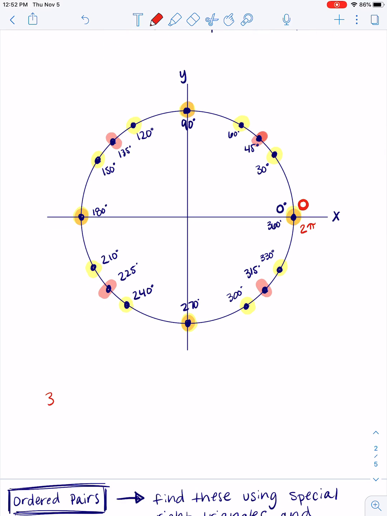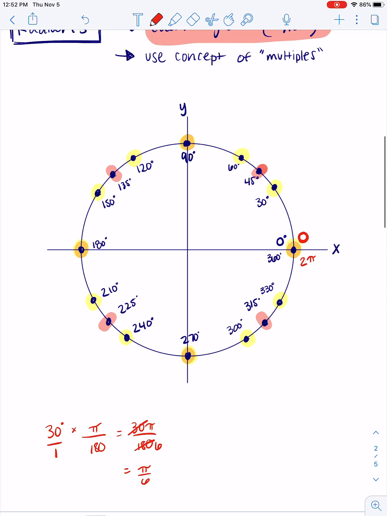If I have something that's not a fraction and I'm multiplying by a fraction, I put that over 1. And then I have 30 pi over 180. That would reduce: 30 goes into 180 six times. So that would reduce to pi over 6. So this first angle in radian measures is pi over 6.